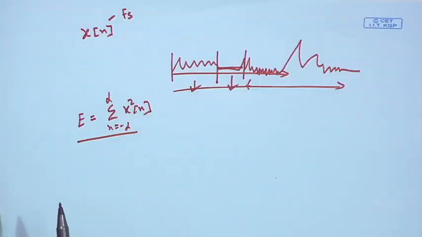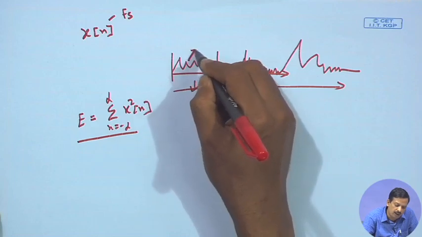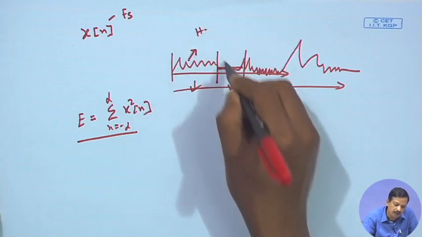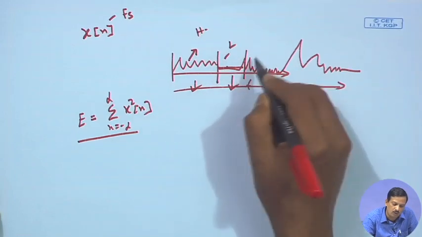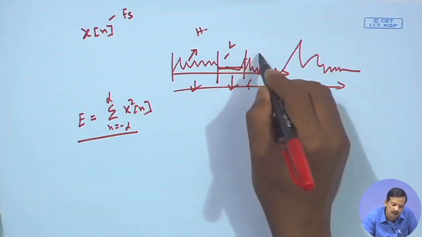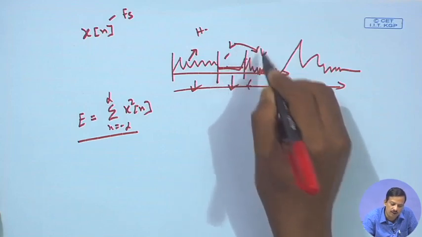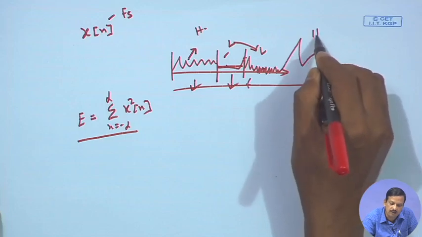Now, if I want to know that this portion is voiced, so the energy is high, this portion is unvoiced, the energy is low, this portion is noise, the energy is low compared to this, this portion is again voiced, it is high.